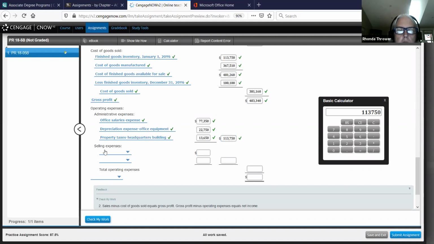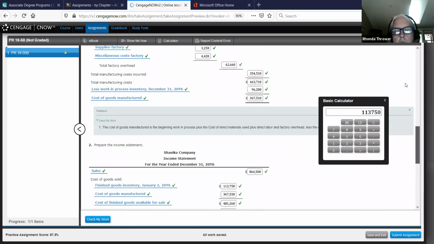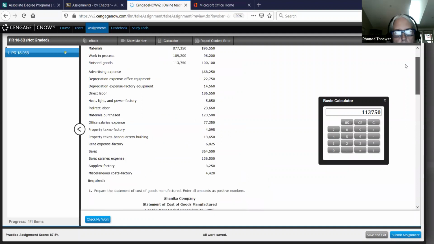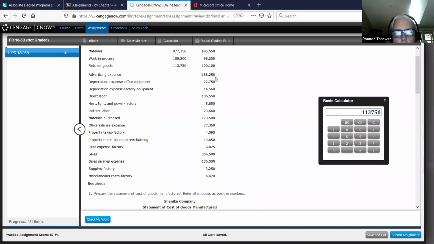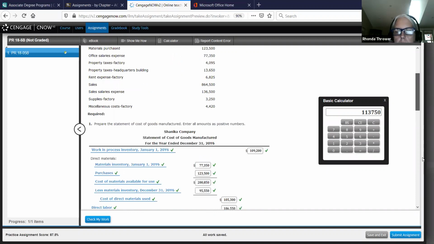The next category that we're listing is our selling expenses. Advertising expense is a selling expense. So we're going to look to see what they gave us for advertising, which was $68,250.